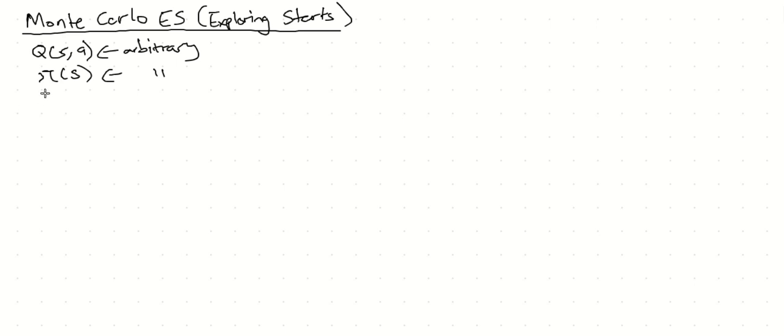This is the initialization. And we have Returns(s, a), which in the beginning is just empty because we don't have returns.